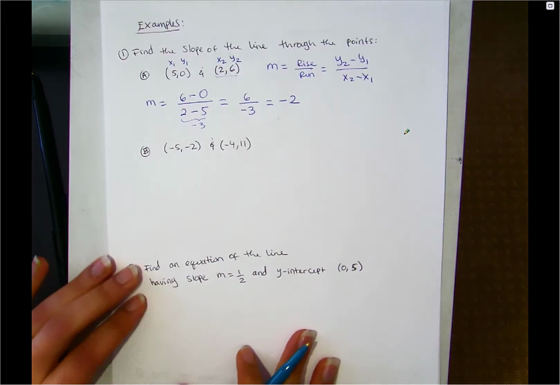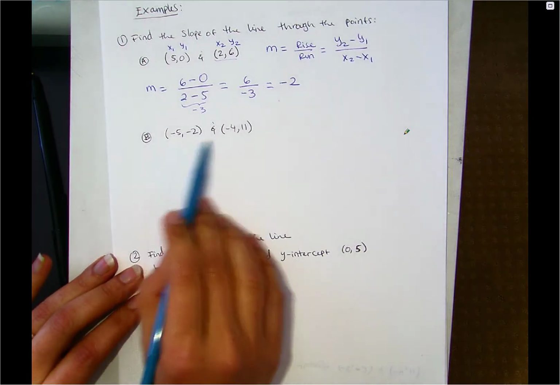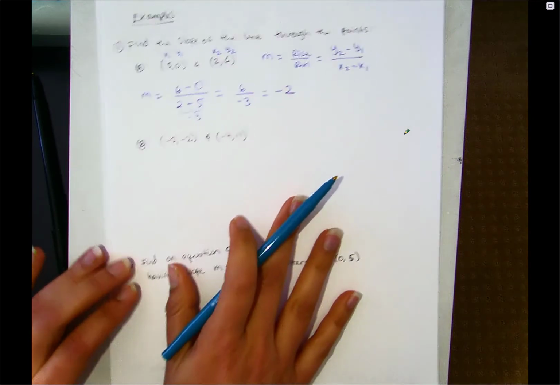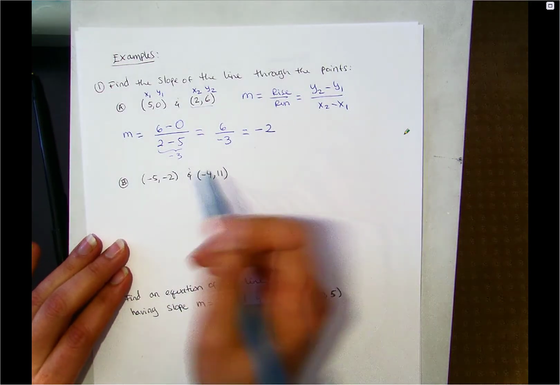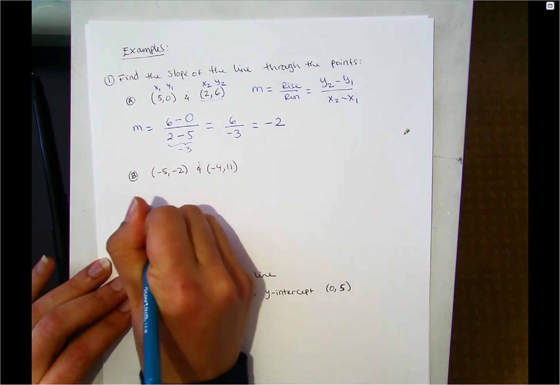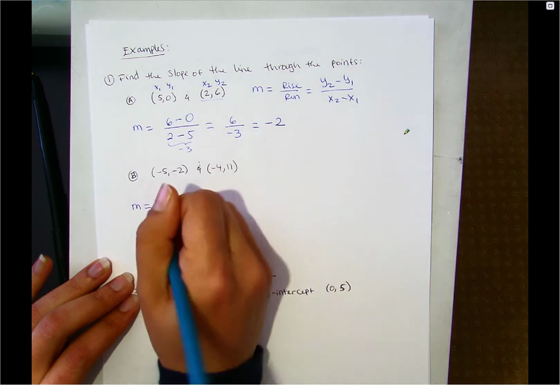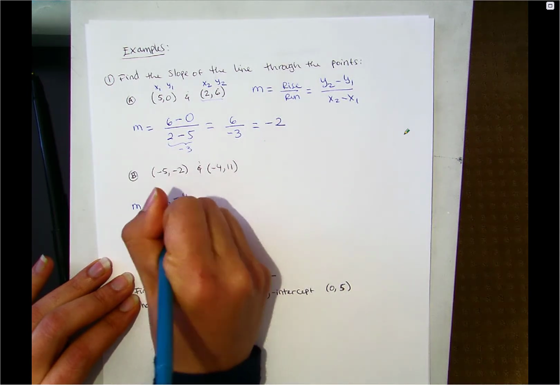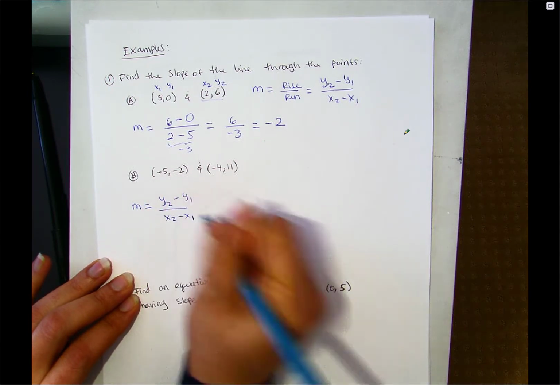The second example: find the slope between these two points. The slope again will be y2 minus y1 over x2 minus x1.